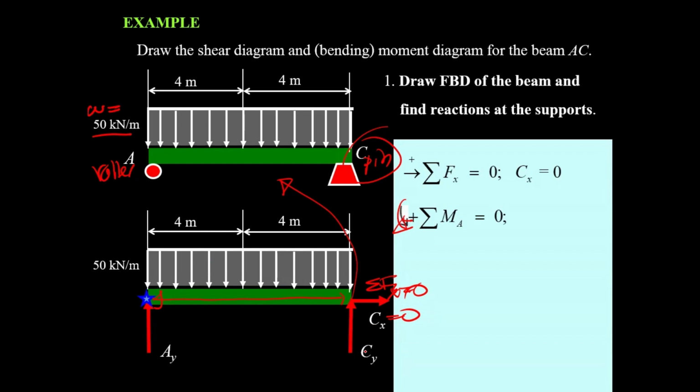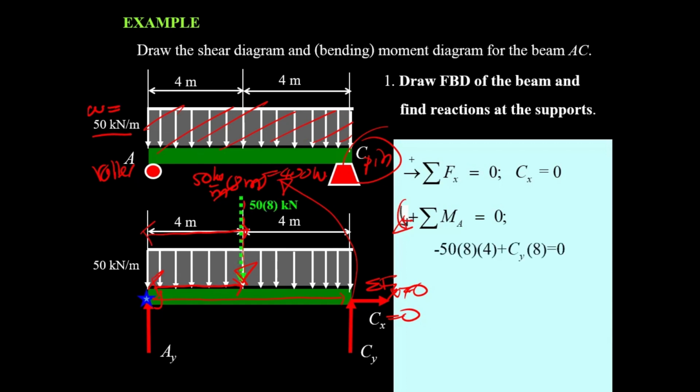C sub y times 8 meters rotates in the positive direction. The distributed load has a resultant force equal to the area, which is 50 kilonewton per meter times 8 meters, half of a meter, so this is 400 kilonewton. The distance from here to here is going to be 4 meters.